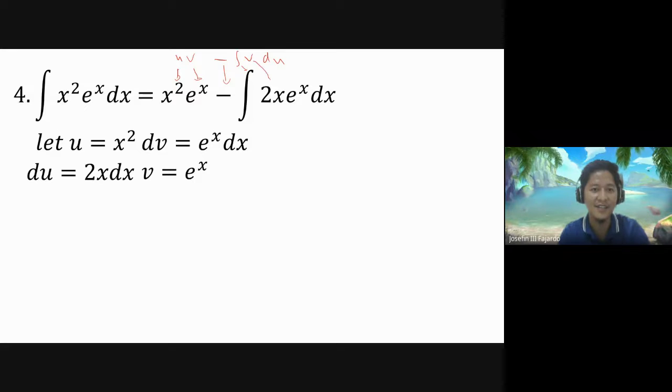Ang V natin ay 2X E to the X? Mali pala. Ang V pala natin dito ay E to the X lang. Okay, mali yung aking pointer. So ang ating V ay E to the X. Ito yung V natin. So ang VU natin ay ito, saka ito.